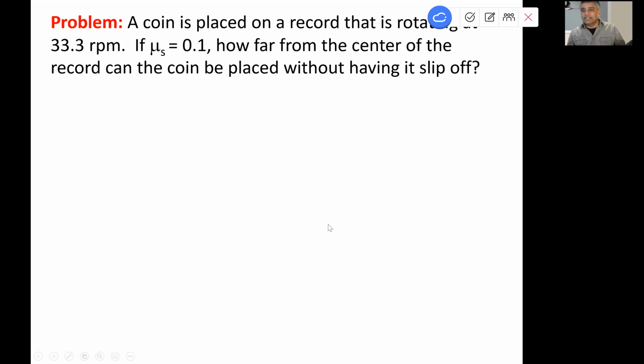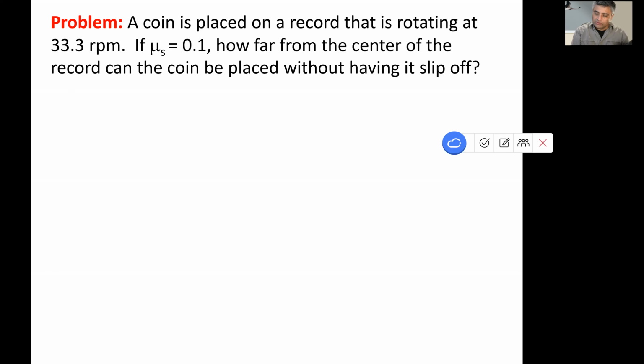So now here is a question, the exact same question here. It says the record is rotating at this speed. What is that? RPM. What does RPM mean, folks? Rotation per minute? Yeah, rotation per minute or revolution per minute.